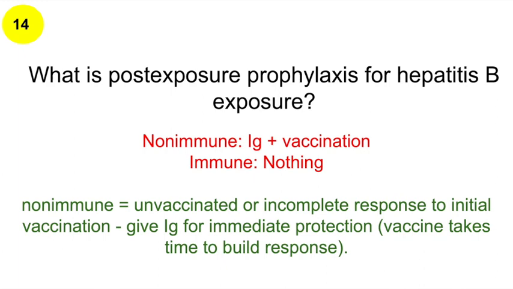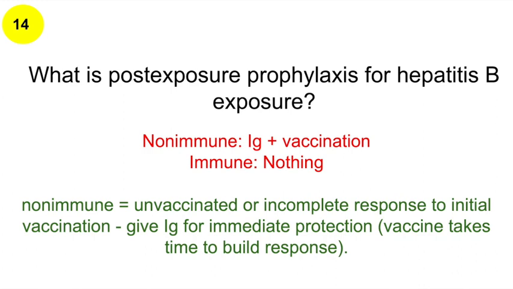So, non immune means that they are unvaccinated or have an incomplete response to initial vaccination. So, you give the immunoglobulin for immediate protection, while the vaccine is also given, but this takes time to build the response.